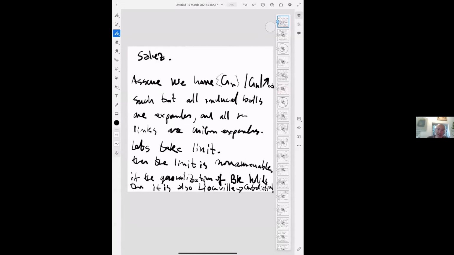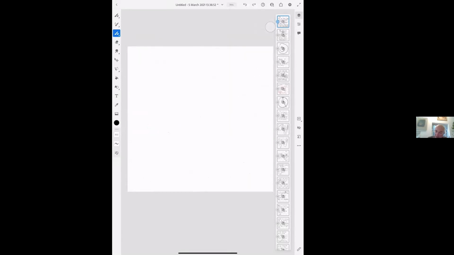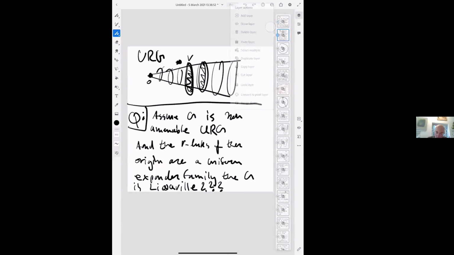Okay, so I'm stuck with this problem like 25 years now, and it seems that this random graph, unimodular random graph and graph limits will be very useful, but the only thing is we just need to show this.